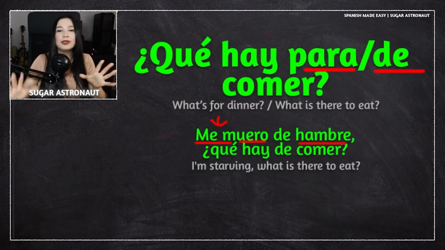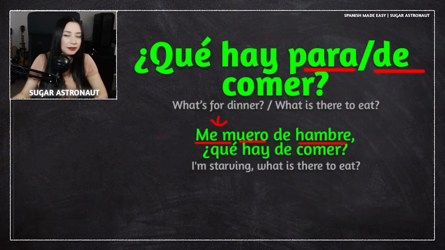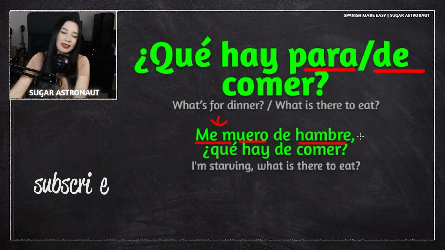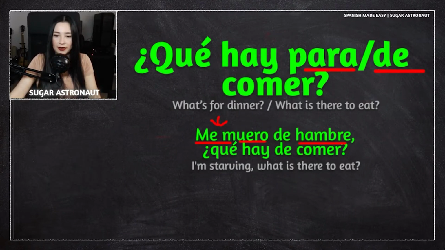I'm dying to see that movie. So that is a more literal translation. That's a different expression. But if you say me muero de hambre, that means I'm starving. Okay. ¿Qué hay de comer? What is there to eat? So very easy. Now the next example.